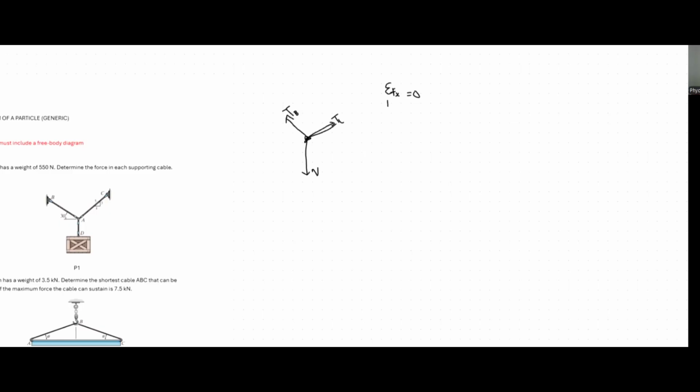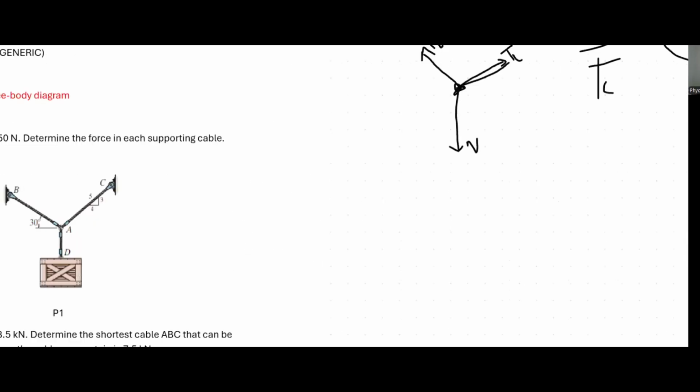So we're going to say TCX over TC. TCX is equal to 4 over 5.